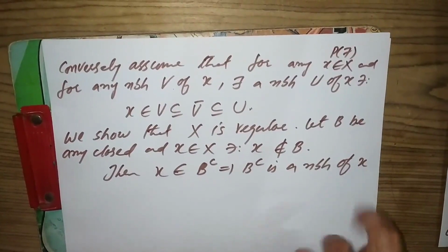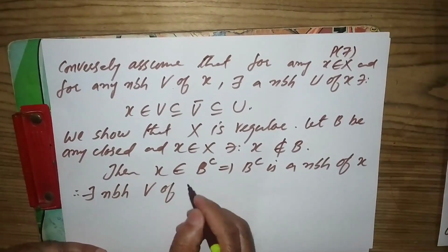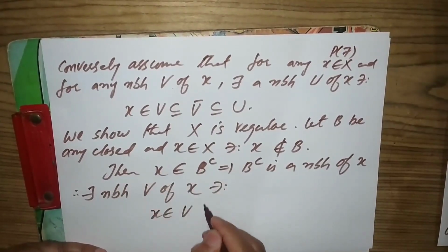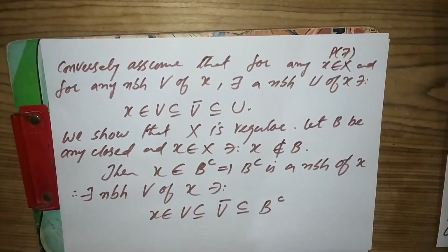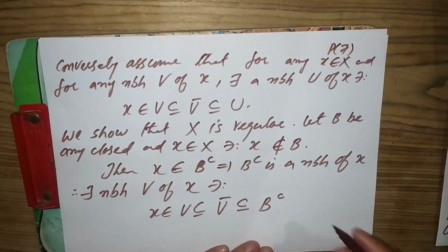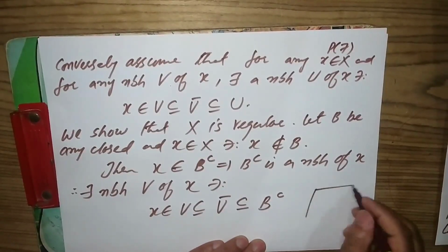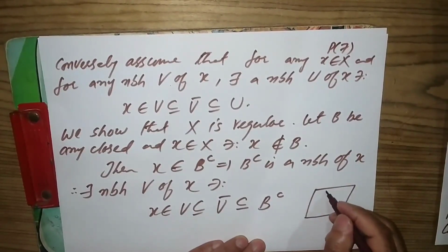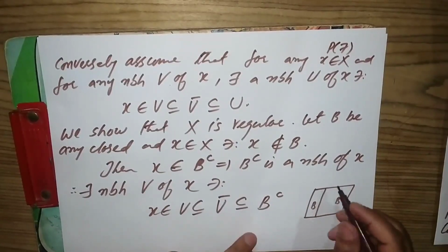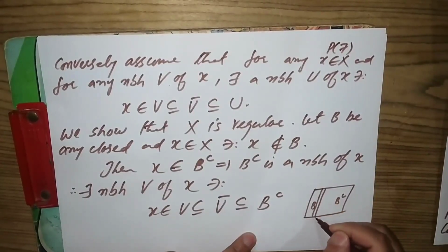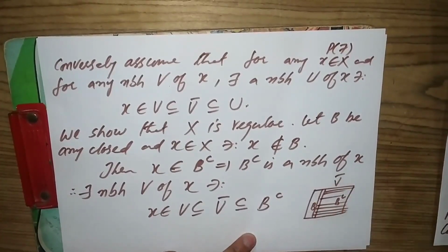Therefore there exists a neighborhood V of x such that x belongs to V, subset of V closure, and V closure is a subset of B complement. So let's take this V closure.